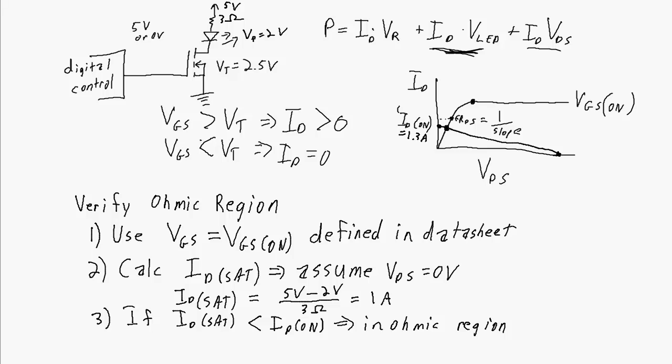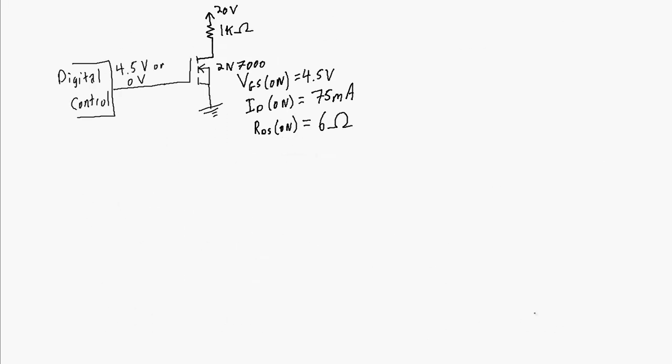So this will be our actual operating point, and that operating point is in the linear region. So for VGS equal to VGS on, if your ID sat is less than ID on, then you are in the ohmic region, and for this particular example it checks out.